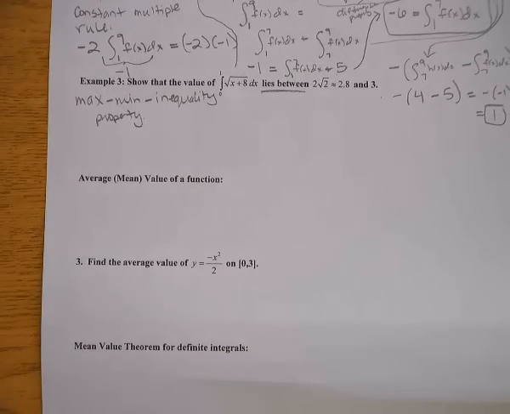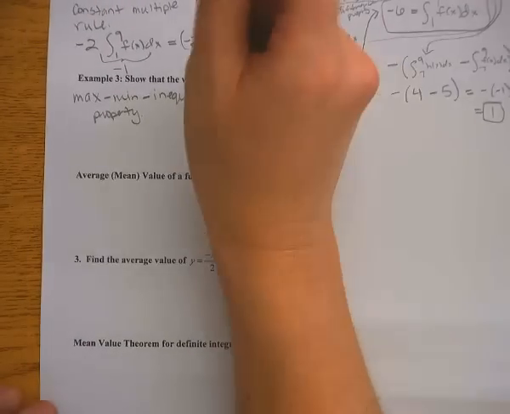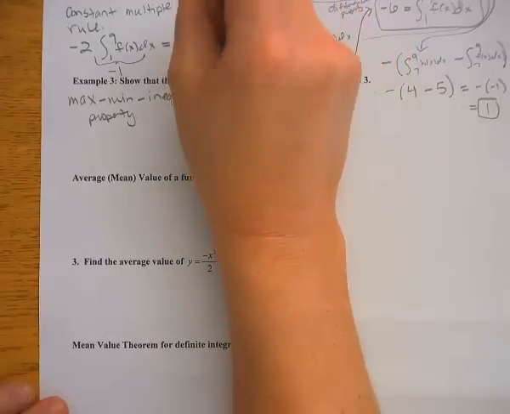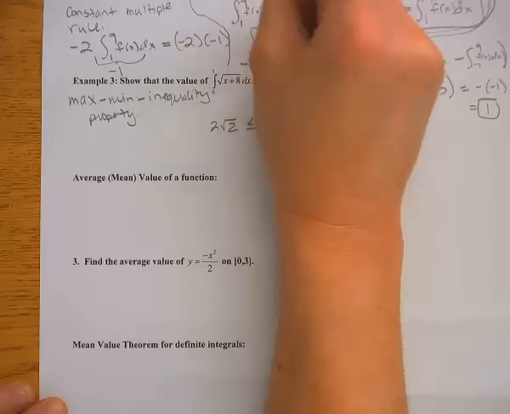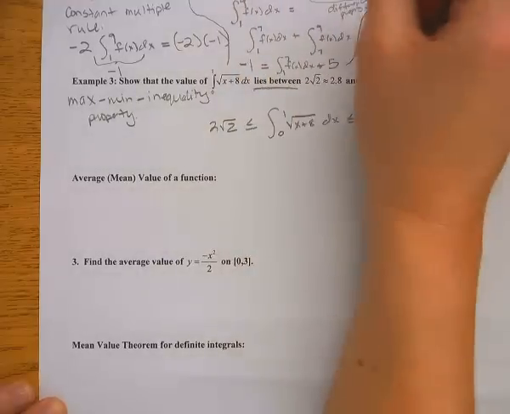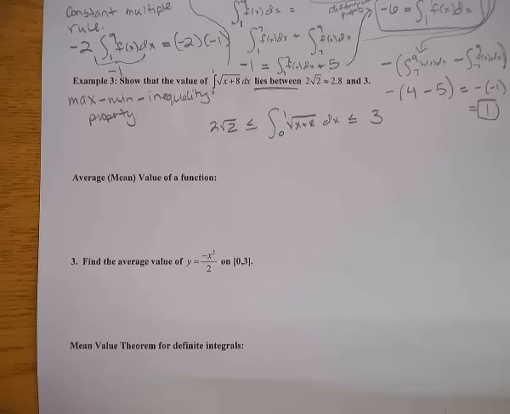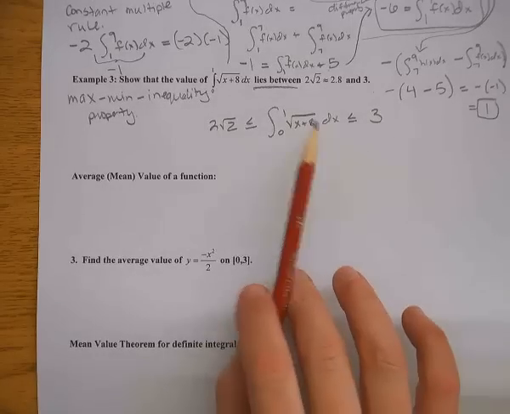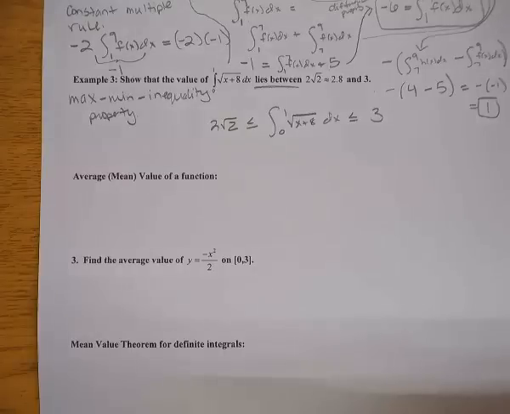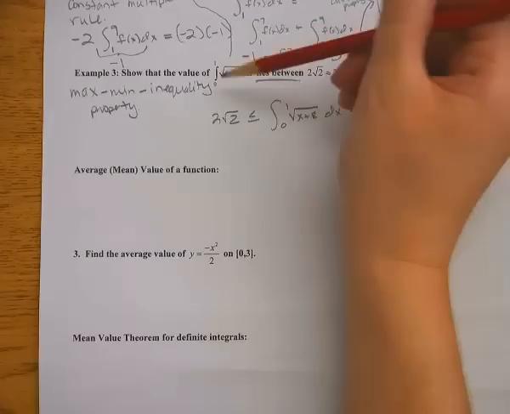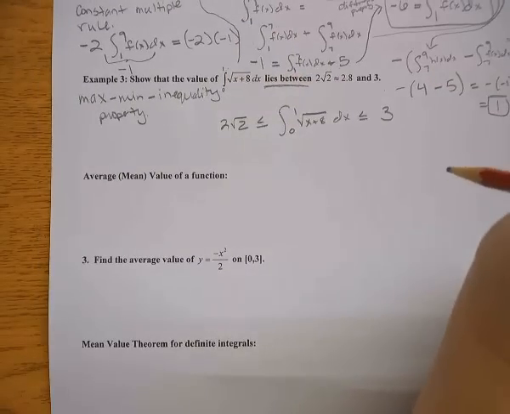They basically want me to set this up where I'd have like 2 rad 2 is less than or equal to this is less than or equal to this. That's basically what they want me to do. Show that this lies between these two areas. So if I could use the minimum value and the maximum value along this interval, I'm good to go.